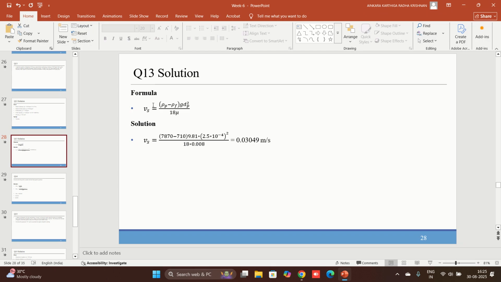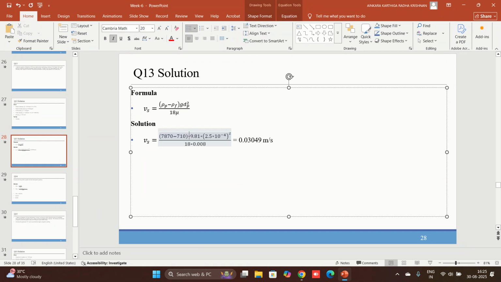So now we have to substitute everything here. So rho p is 7870, minus rho f, which is 710, into g, which is 9.81, into dp square. dp is 2.5 into 10 power minus 4 meter, squared, divided by 18 mu. Mu is 0.008.